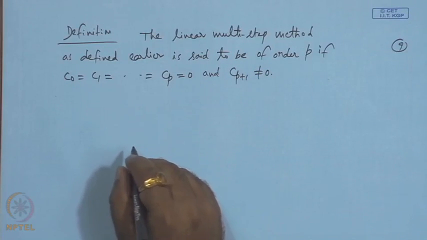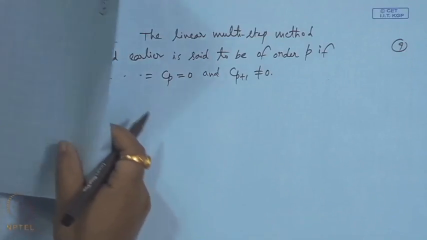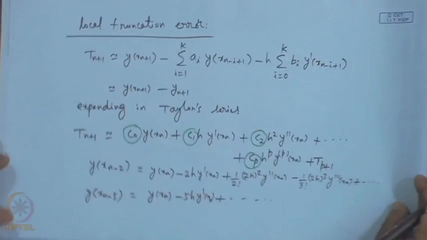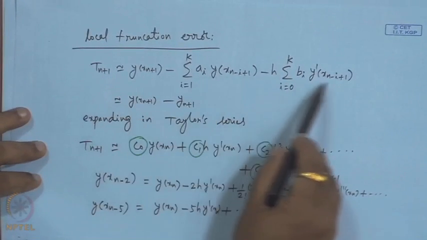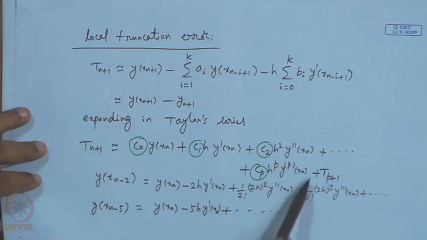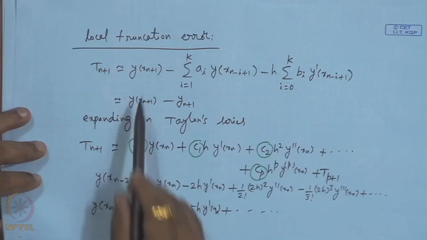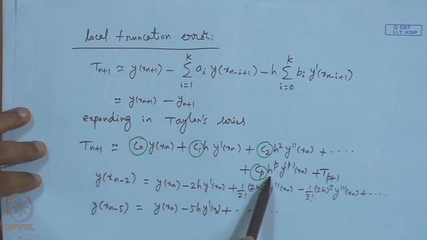How come? Look at this, the way we have defined local truncation error, exact minus the approximation, and that has been expanded in this form, and this is of order p if C 0 is 0, that means this and this agree up to p terms, right.